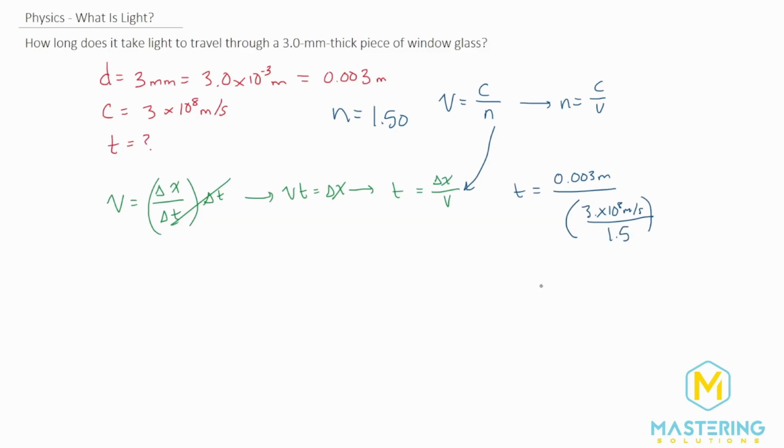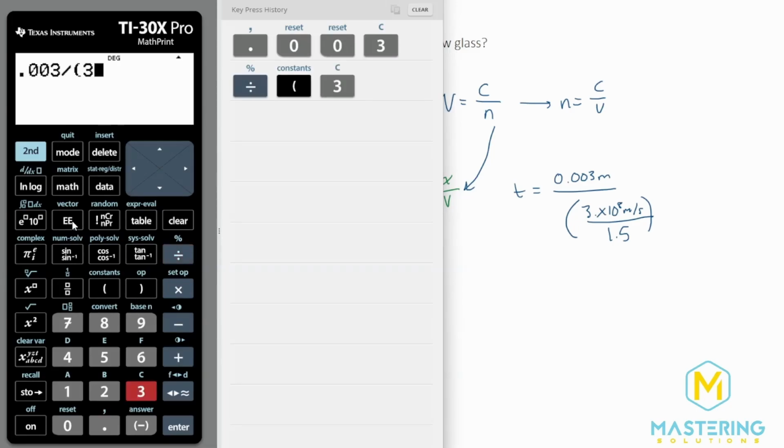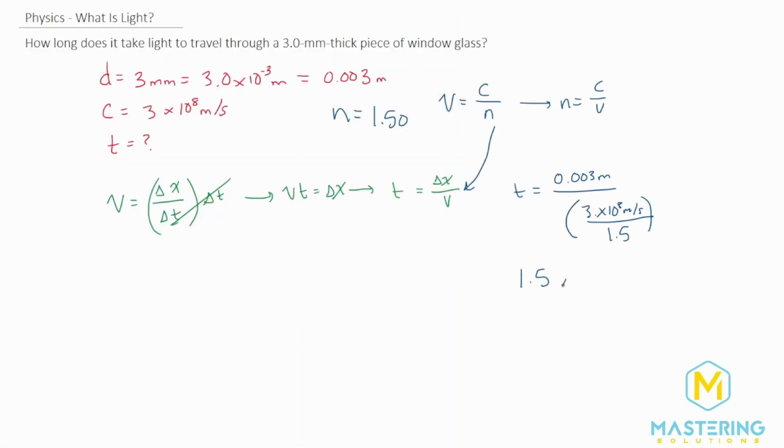So 1.5. We have 0.003 divided by 3 times 10 to the 8th divided by 1.5. And that gives us a time in the glass of 1.5 times 10 to the negative 11 seconds for how long the light is traveling through that thickness of a piece of window glass.